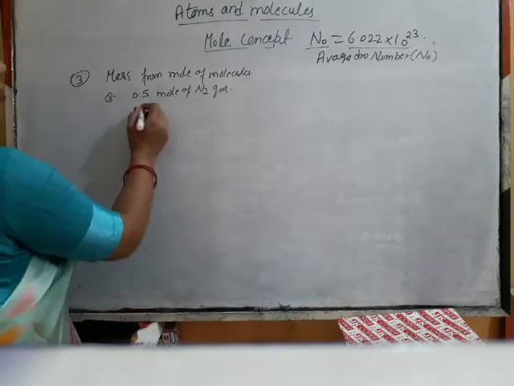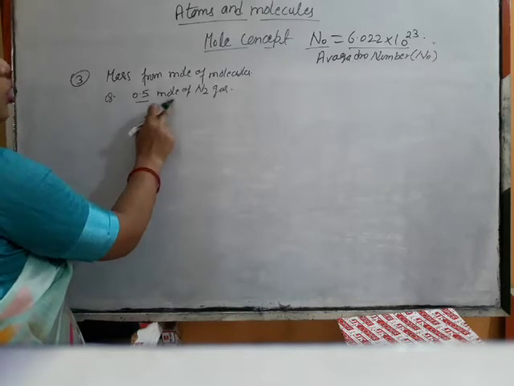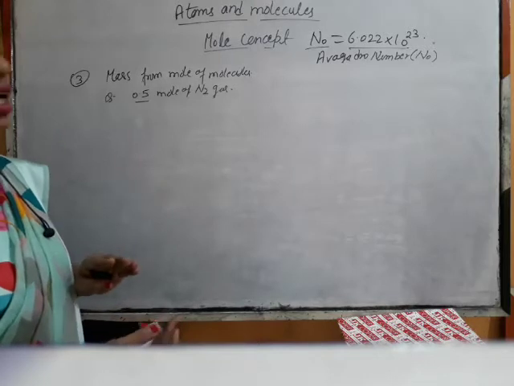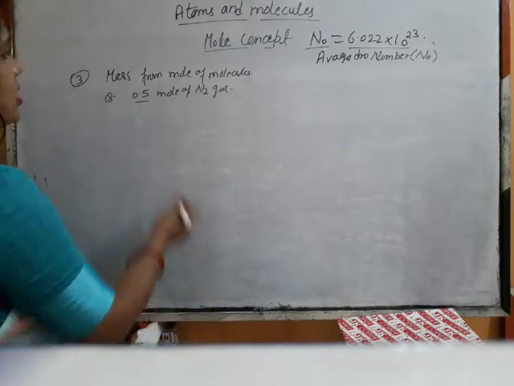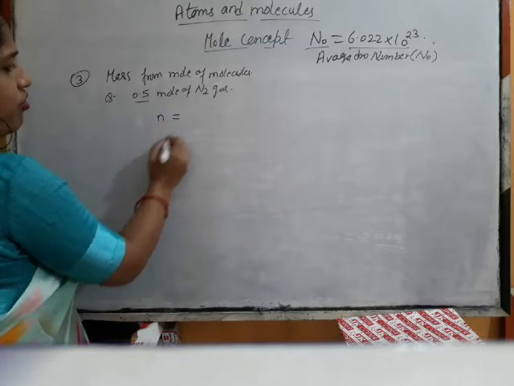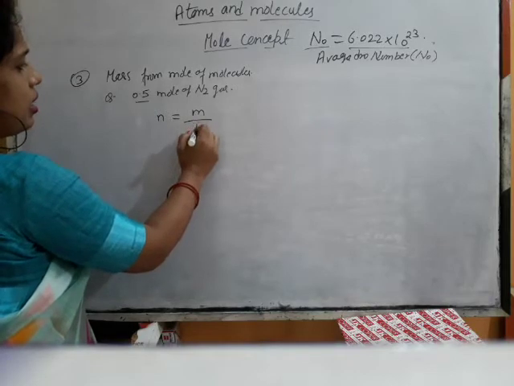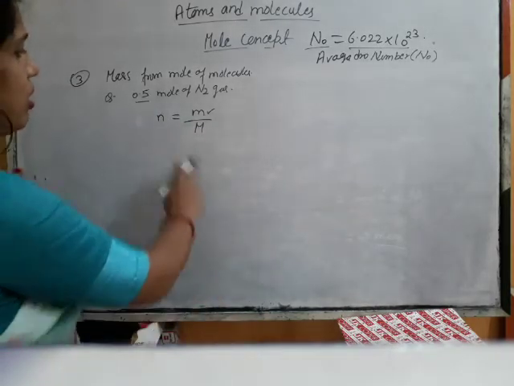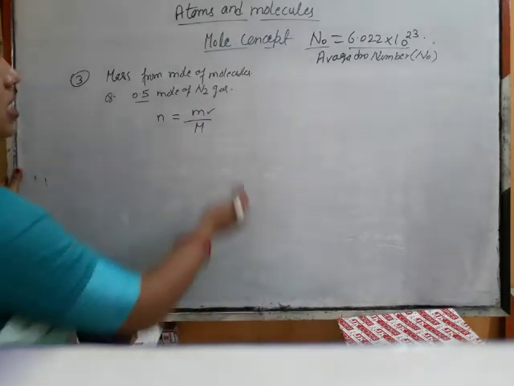Nitrogen gas, we have to find the mass of 0.5 mole, that means half a mole of nitrogen gas. We know that number of moles is equal to mass upon molar mass. So we have to find this mass. The molar mass we can definitely get from the atomic mass of nitrogen.